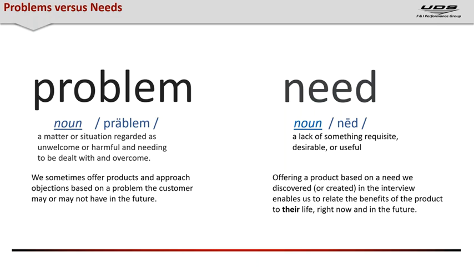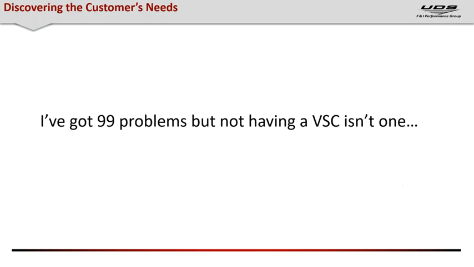But when we can talk about how they felt when they had that repair, or if they've had repairs out of warranty, those types of things, now they start to move more from the problem side to the need side. So, I've got 99 problems, but not having a VSC isn't one. We've got to create in the customer's mind that they need the VSC. And how we do that is in the interview.